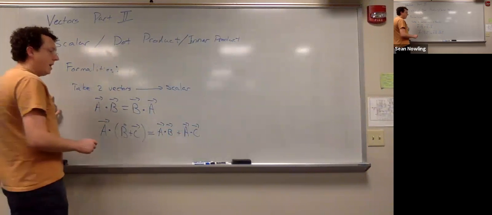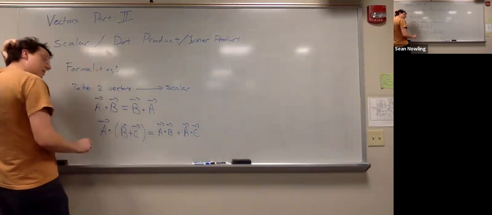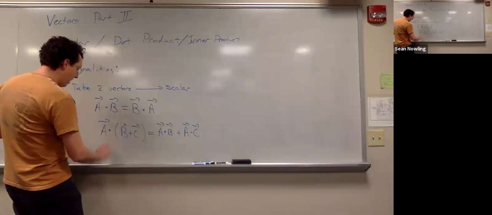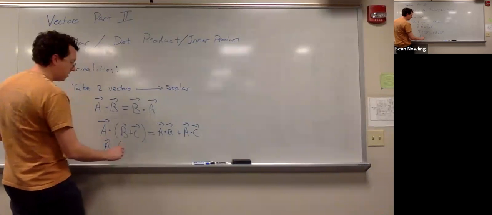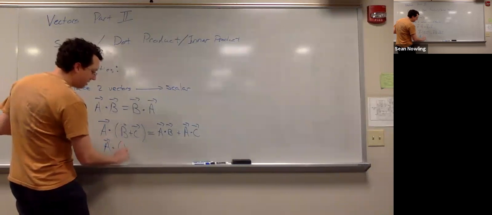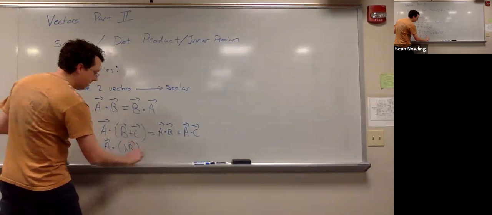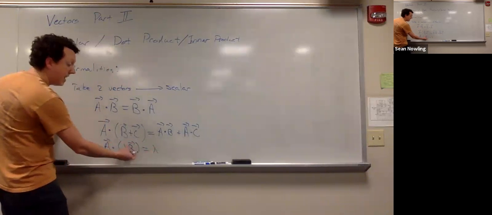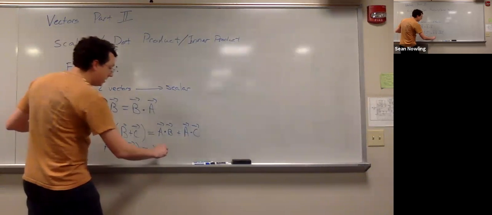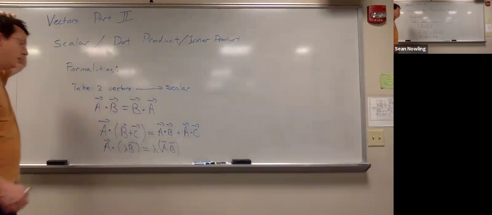These are properties that are going to be baked in the cake as part of the definitional meaning of this. And the final thing here is that if I had a vector A, and I took the dot product with another vector, which was some constant, I'll just call it lambda times B, this would equal lambda, that same constant, that scalar, multiplying the dot product of A dot B. Okay.